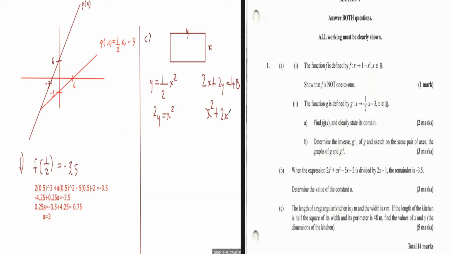Now, what can I do? I can bring over 48 to this side, which implies x squared plus 2x minus 48 is equal to 0.